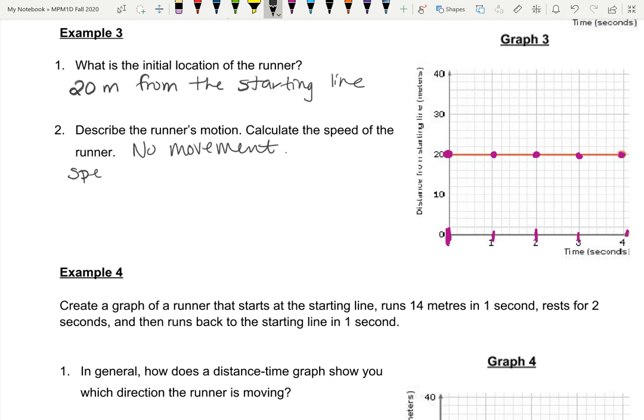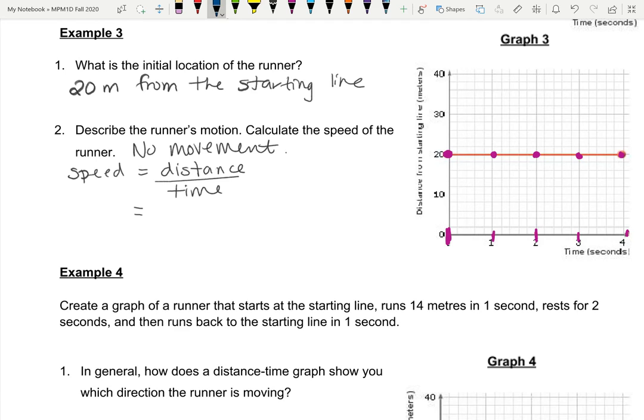Speed equals distance over time, or change in y over change in x. Okay, so the distance, well, from 0 to 4 seconds, there's no movement, right? So the distance hasn't changed.